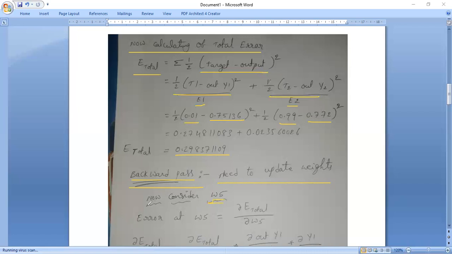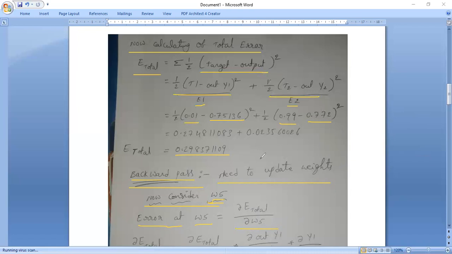Now we are going to consider this W5. We are going to calculate the error rate at W5, and after calculating it we will update the W5 value. The error rate at W5 is represented by this formula: dou E total by dou W5.